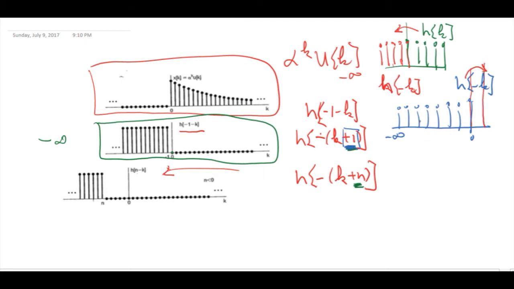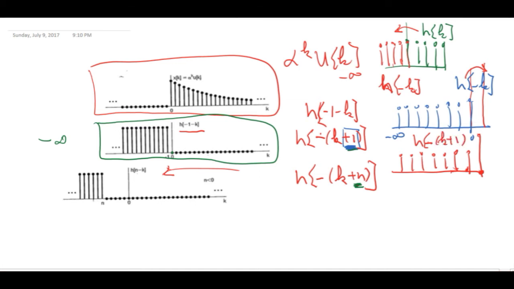By doing that, the waveform will simply become something like that. Okay, so we don't have any 0 here. So this one becomes h minus k plus 1.